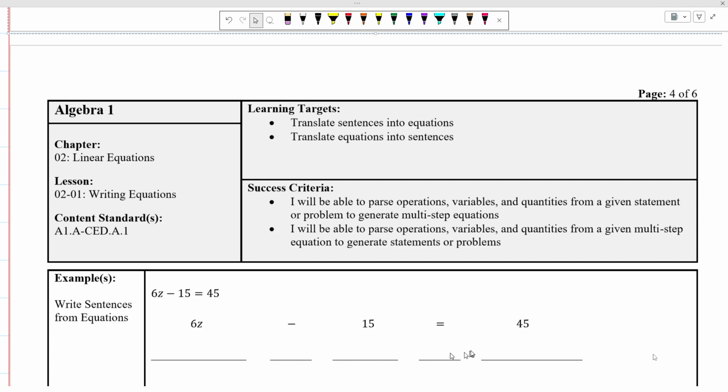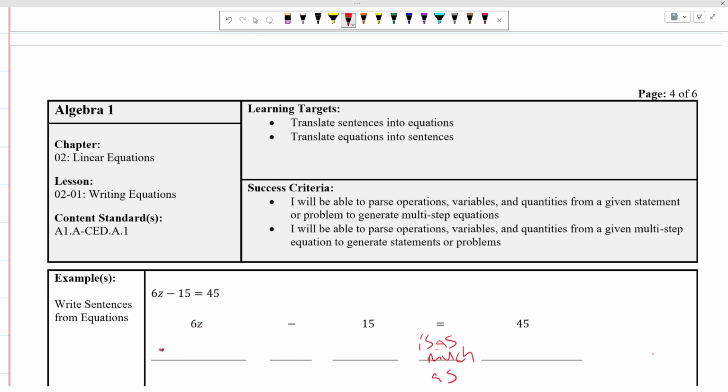Well, just as with words, I like to start right there, the equal sign. So I can say "is", I can say "is as much as", and so forth. I'll leave it like that for now. So let's see here. Oh, variable over here. Okay, I see the variable. What's happening to it? I recognize that it is being multiplied by 6.